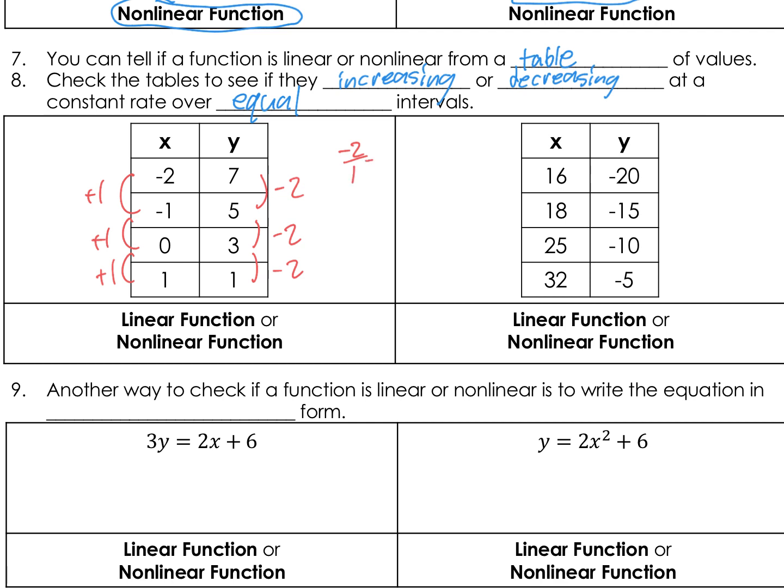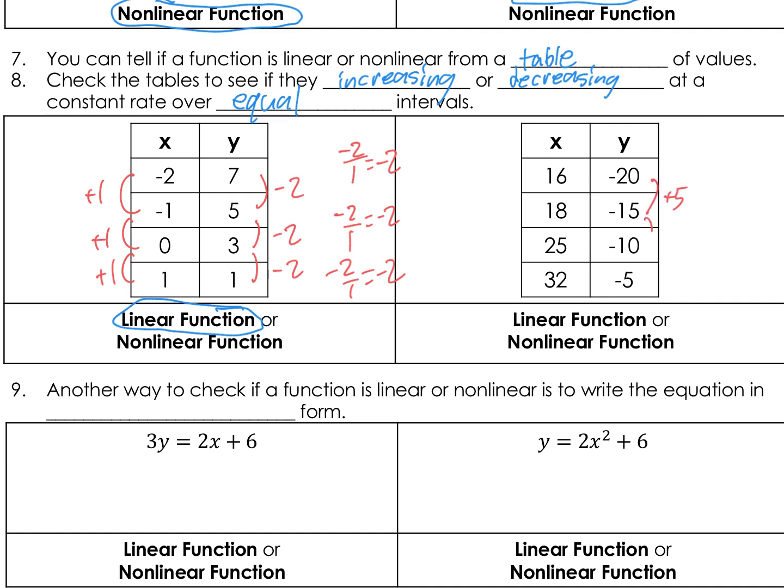And for each pair of points, the slope would be -2 over 1, which is -2. Since the slope is not changing, or the rate of change is not changing, that means that we have constant slope and a linear function.